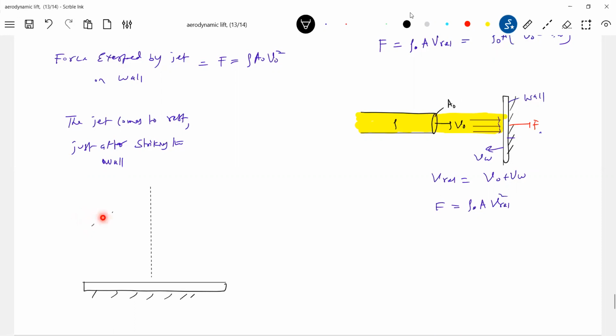Last one more, if the same thing comes at an angle. I think it's quite natural, no?